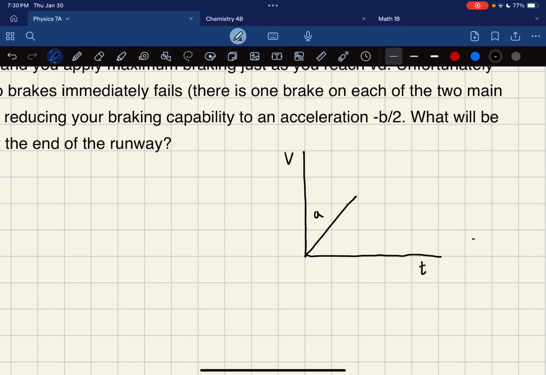And then we get to VD. At VD, we start slowing down, but something breaks. And so at some point, this is a slope of negative b over 2. At some point, this area under the curve is exactly equal to L, and that's where you want to calculate the velocity. So how do we do that?